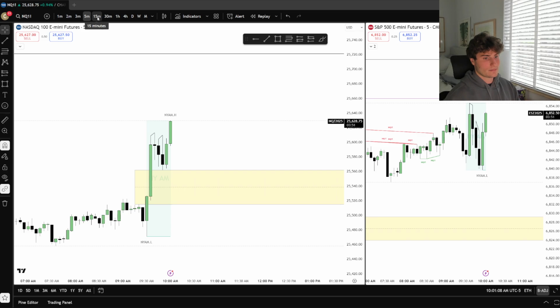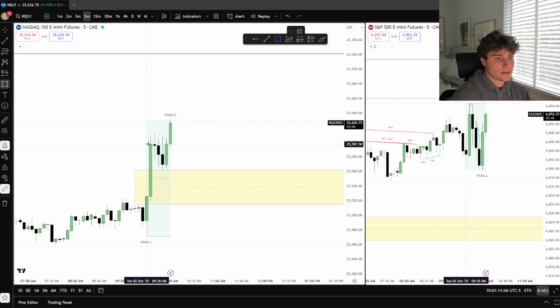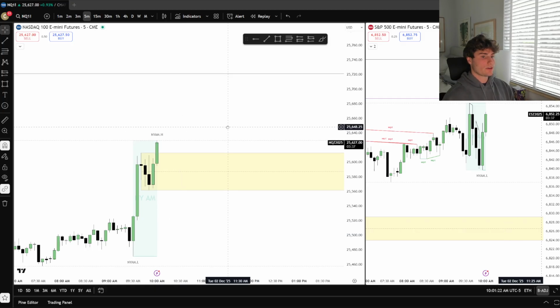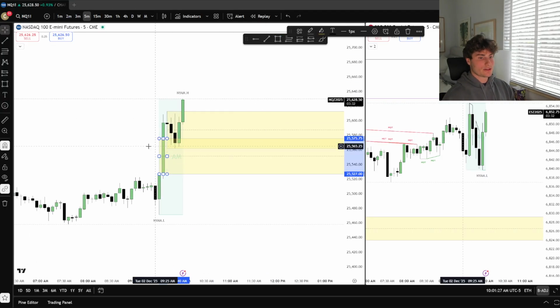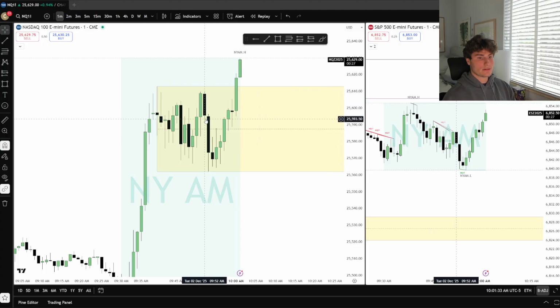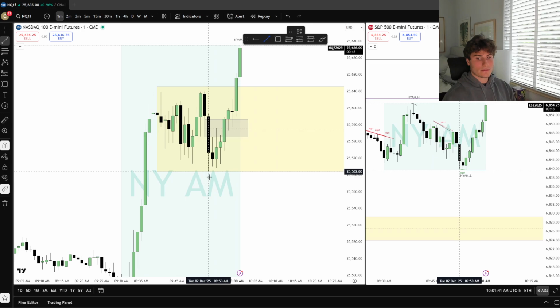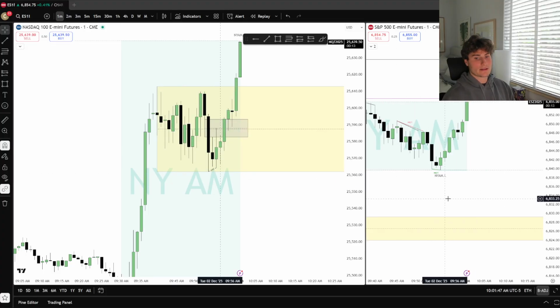But we could also long off of this 5-minute order block, which I would kind of prefer. The reason why is because we delivered out of this 5-minute bullish gap, right? We tapped into it, and we have a 1-minute inversion right here, and we also have this bullish SMT. So this low is protected.